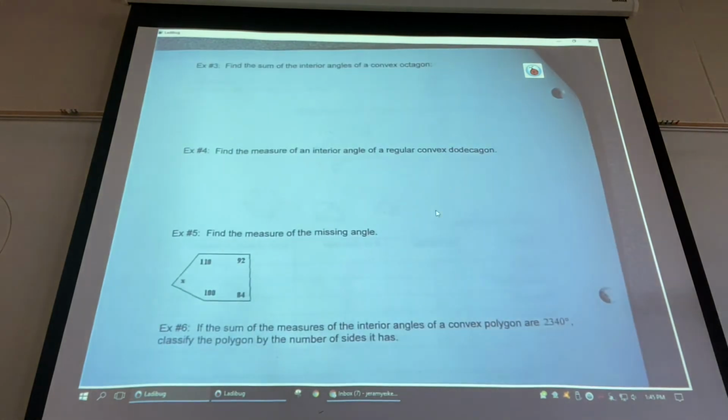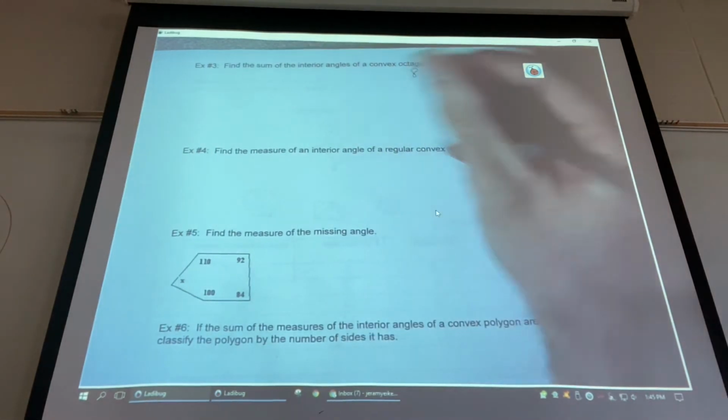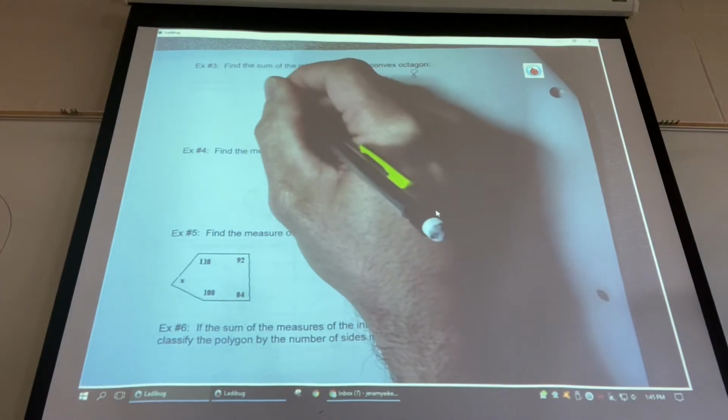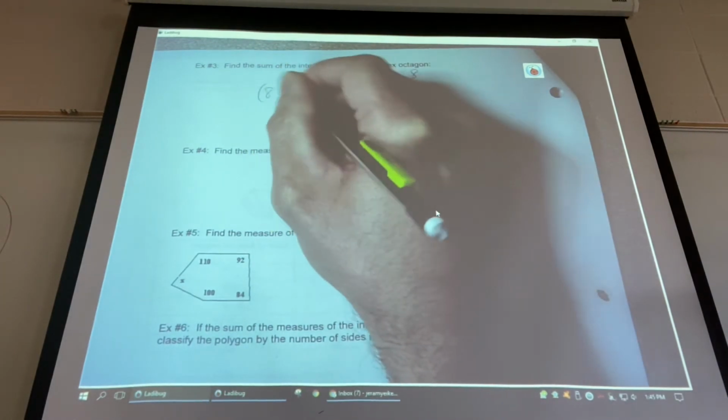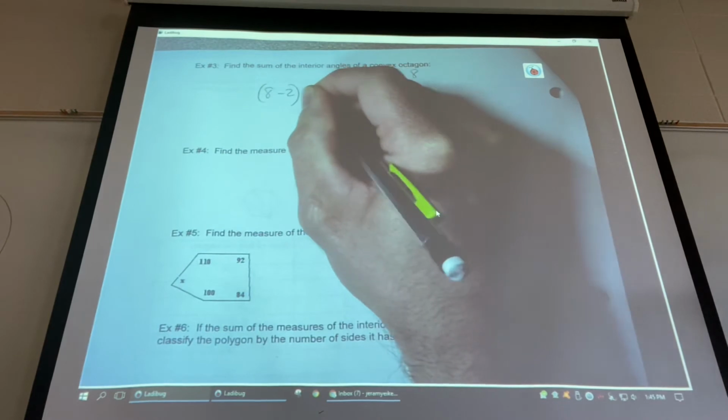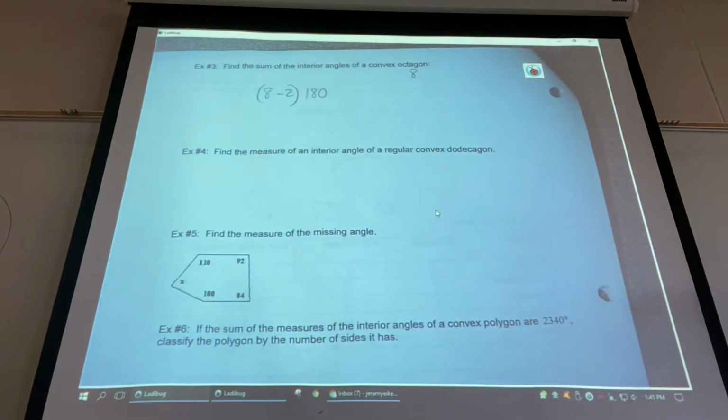Example 3 says find the sum of the interior angles of a convex octagon. I'm not going to draw a picture because I think I know what to do. An octagon has how many sides? 8. So the formula goes 8 minus 2 times what? 180. Let's see what we get.